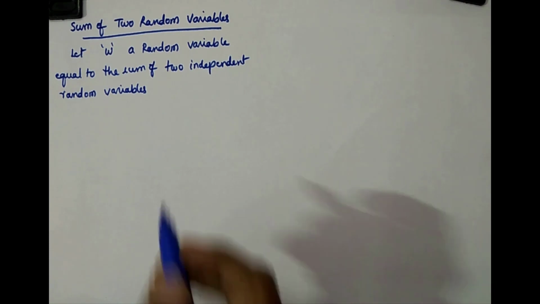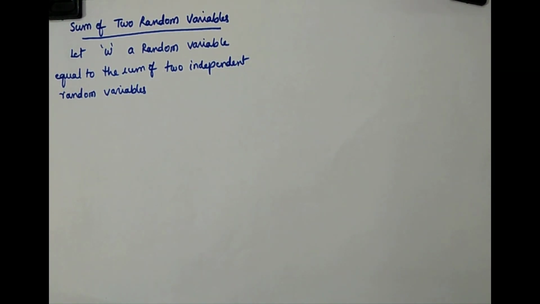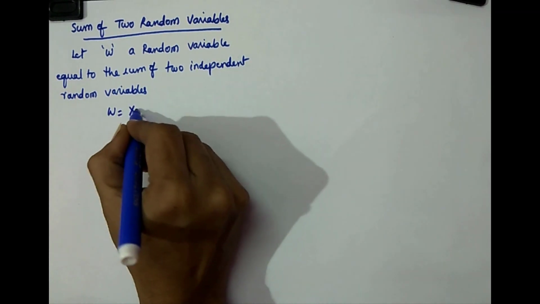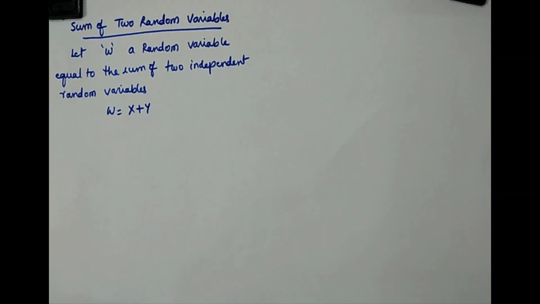Let W be x plus y, where x and y are two different random variables. In the communication concept, x may be our signal voltage, which is random, and y may be the noise. So your W is signal plus noise.